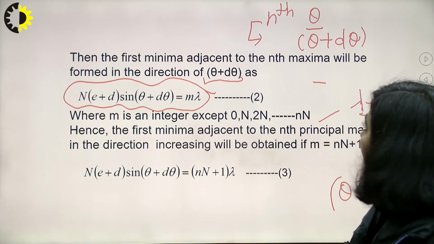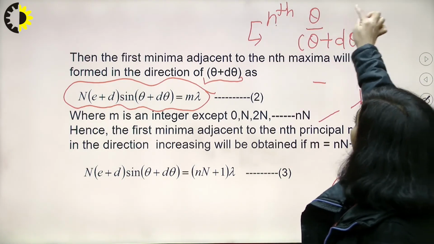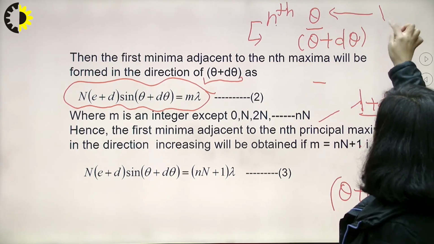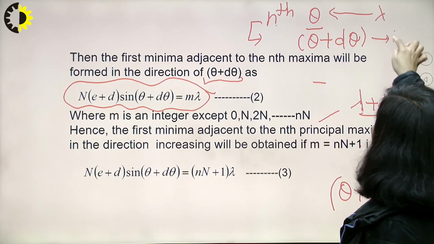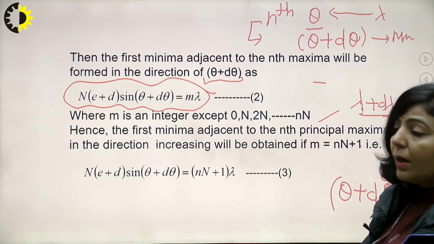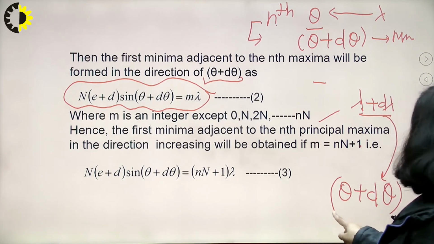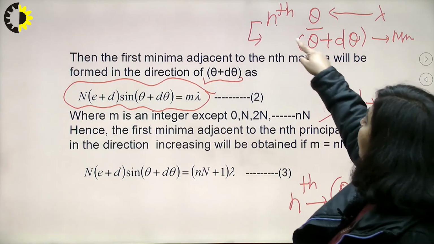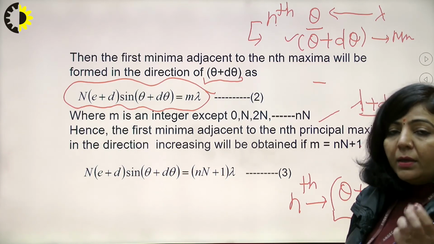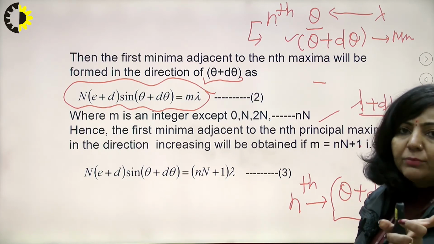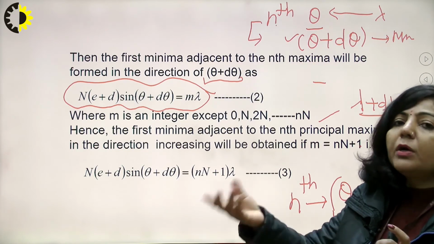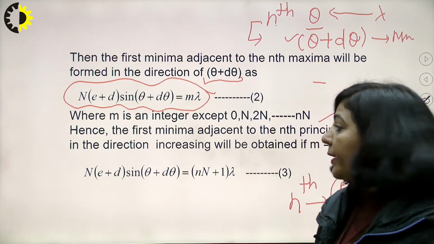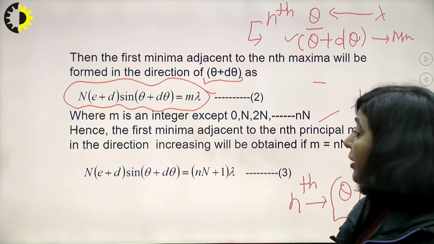What I am saying is, the nth order maxima of the first source is observed at theta, and the minima next to this is observed at theta plus d theta. Now for the second source, if the nth order maxima is observed at the same angle, theta plus d theta, then the nth order maxima of one source coincides with the minima of the other source, and the Rayleigh criterion is fulfilled. Then you can find the resolving power of that grating. You can resolve between the two different diffraction patterns.